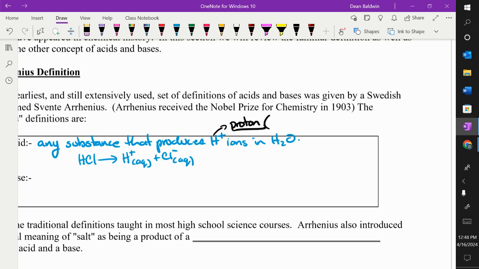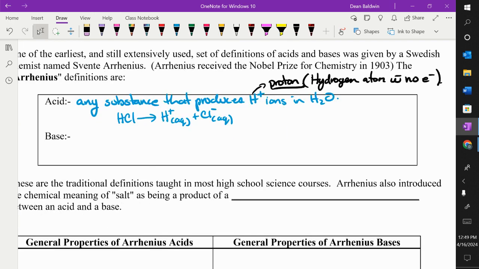In acids and bases, it is this: a hydrogen atom with no electron. Ripping the electron off is why it's positively charged. So if you put some substance into water and it produces protons, that's the Arrhenius definition of an acid.